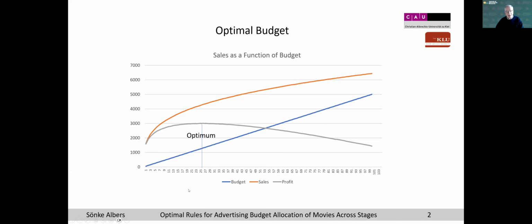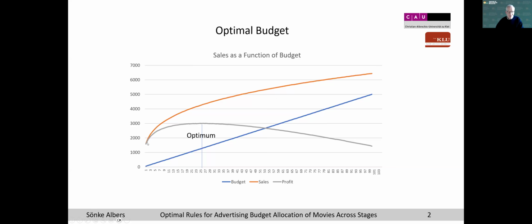What we do in marketing is that if we want to allocate budgets or determine budgets, we have to define sales as a function of the input. That means the budget.